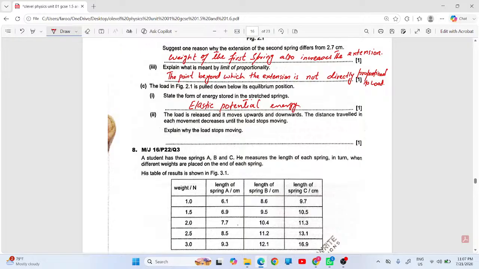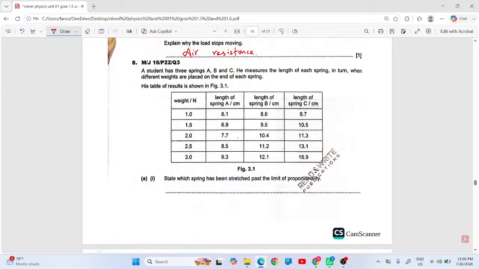After a while, it stops moving, since the energy is finished, since it converts to heat due to friction, interacting with the surface.